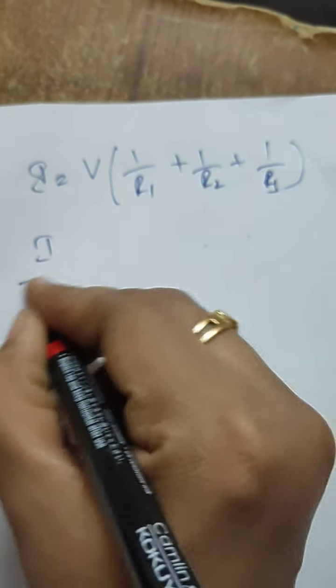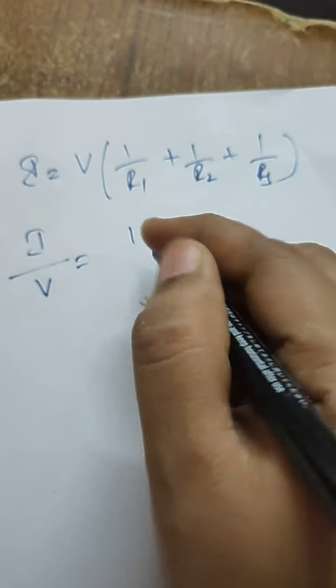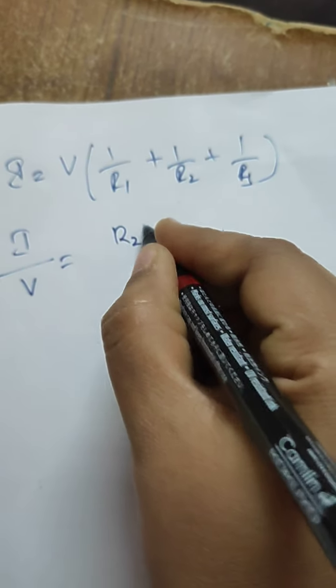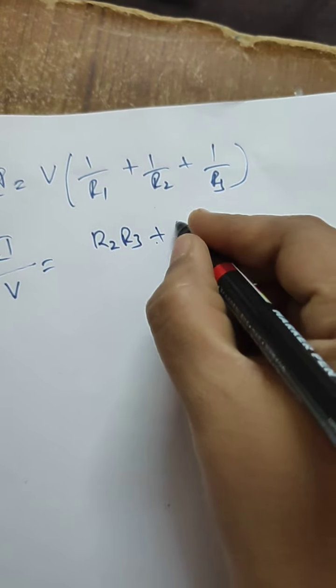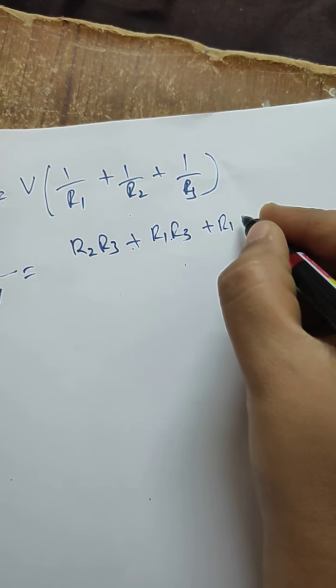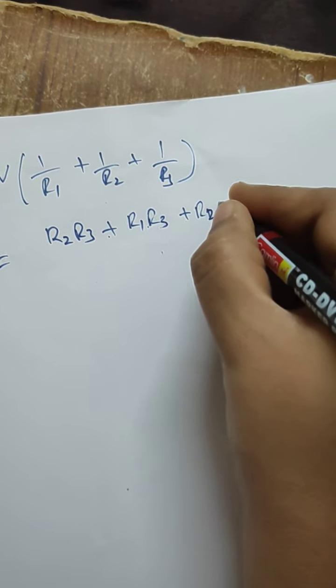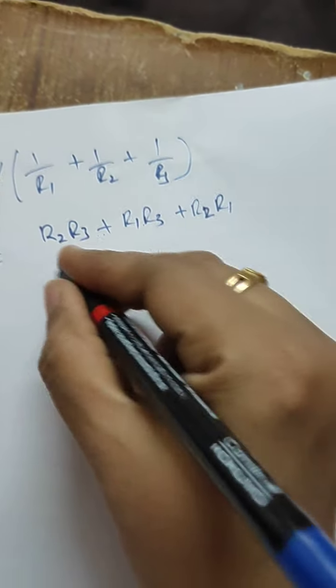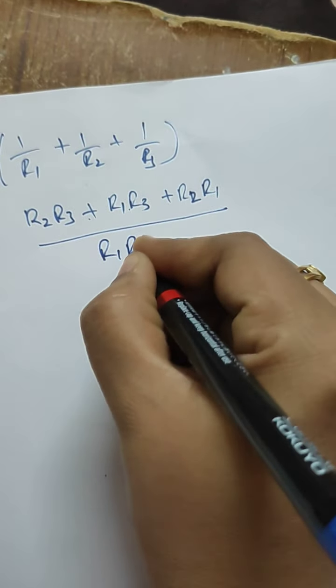That is, I by V is equal to R2 R3 plus R1 R3 plus R1 R2 over R1 R2 R3. I have taken the LCM here.